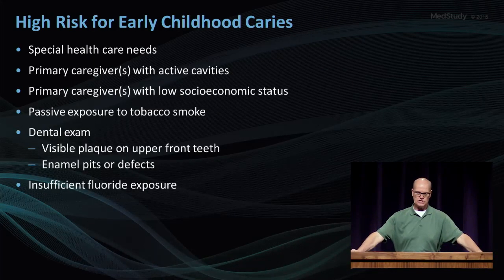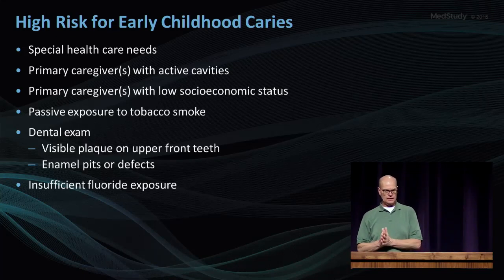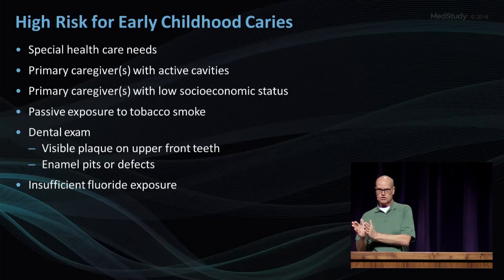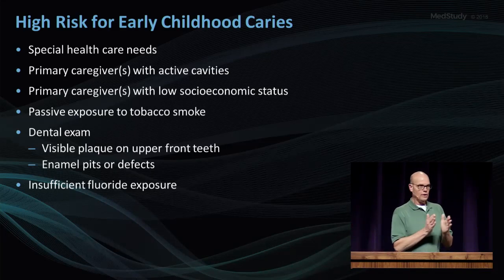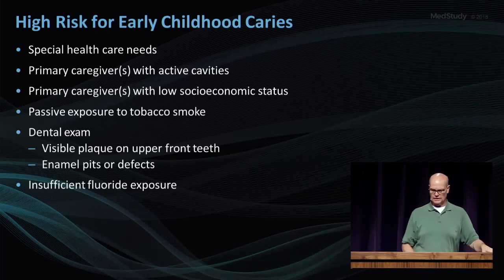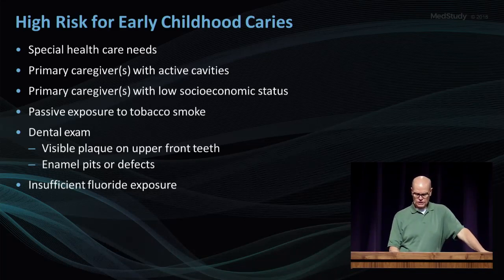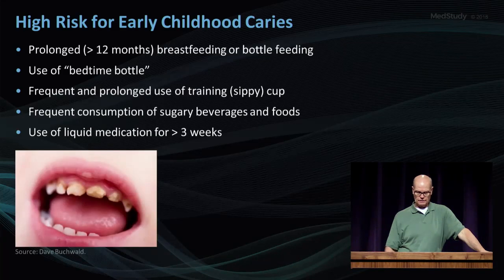So who's at high risk? Here are the individuals, and a lot of it has to do with either their medical history, especially NICU, or family history, or evidence on physical exam early on of increased risk of childhood caries.